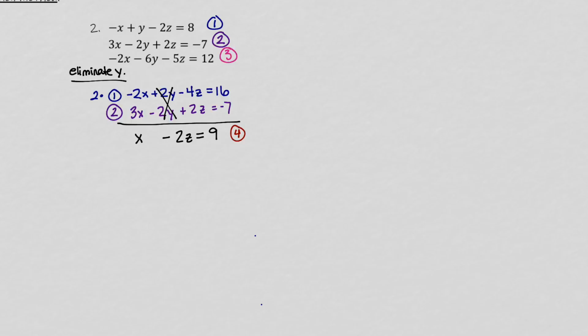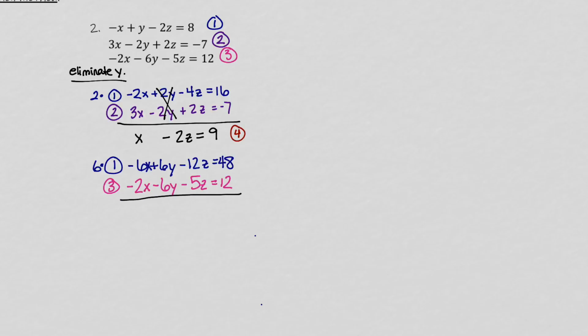I am going to take equation 1 and multiply it by a positive 6 and get negative 6x plus 6y minus 12z equals 48. Then I'm just going to write that third equation, equation number 3: negative 2x minus 6y minus 5z equals 12.